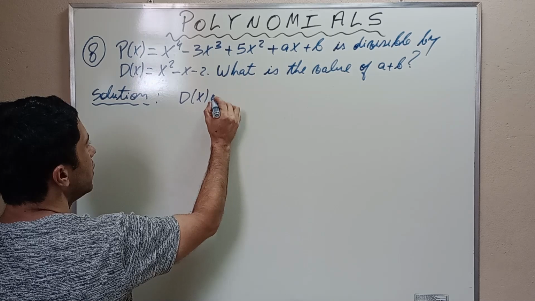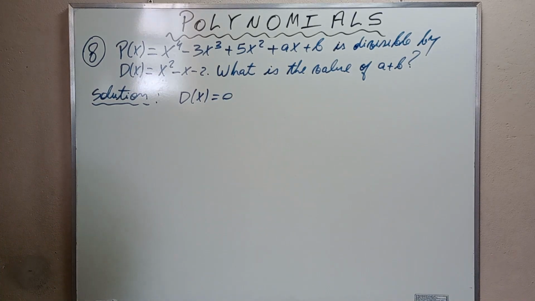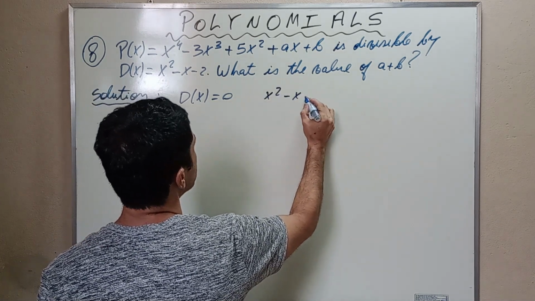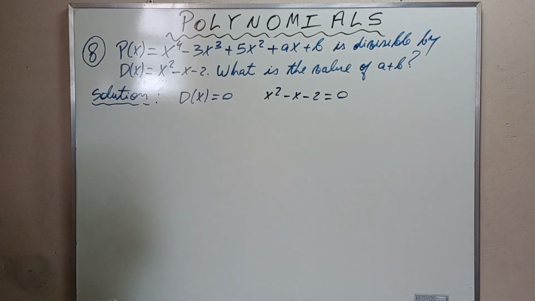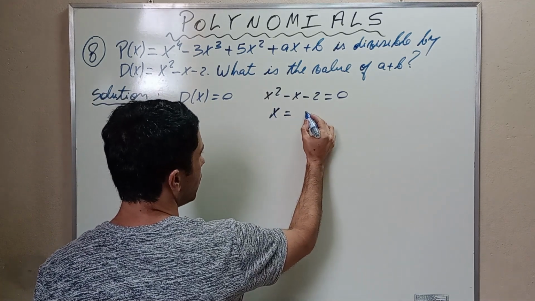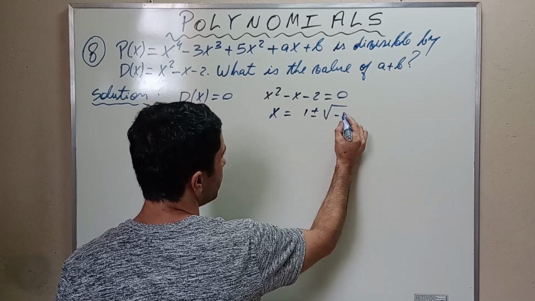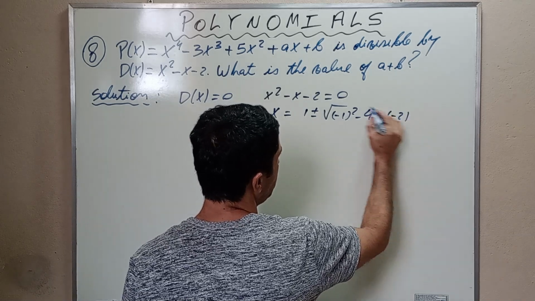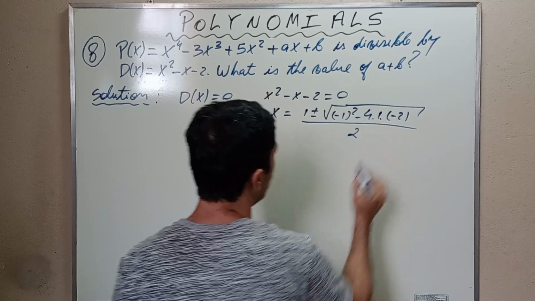D of x equal to 0, okay? We are going to find the root of D of x by making it equal to 0. Consequently, x squared minus x minus 2 equal to 0. We are inspecting the polynomial D of x to find its roots. X is equal to 1 plus minus the square root of negative 1 squared minus 4 times 1 times negative 2, divided by 2, okay?